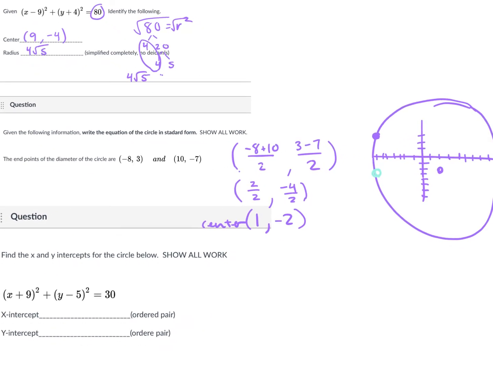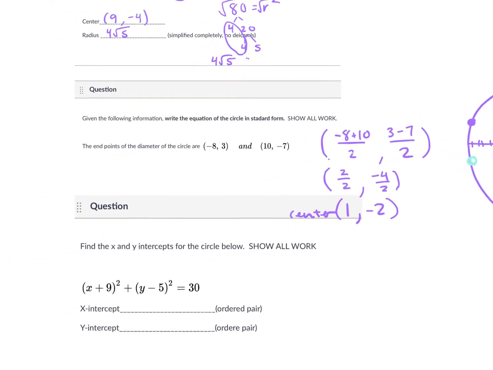So once we have our center, what else do we need for our formula for a circle? The radius. How do you think we can find the radius? The distance formula?